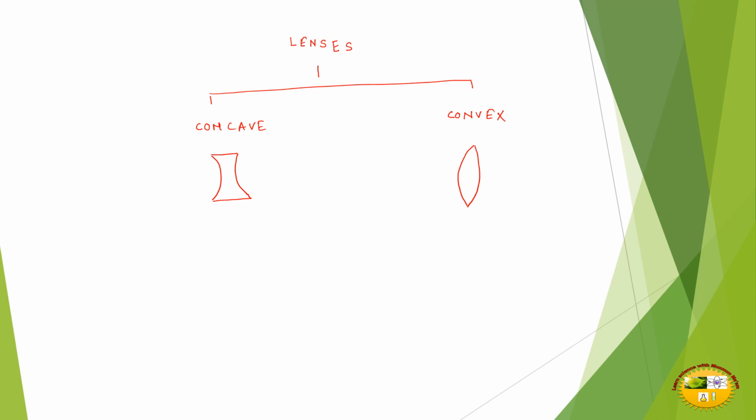Mainly, these two types of lenses are there. But depending upon the surface, a concave lens may be of this kind, that is double concave lens, right?